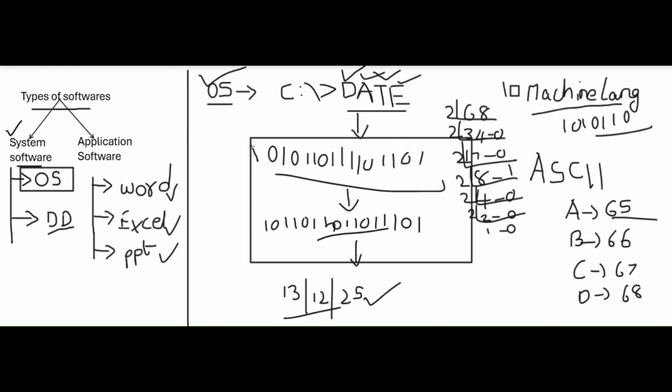It is a software that acts as an interface between the human and the computer. You're just typing the command, and you don't know what is happening inside. The operating system converts everything into machine level language, and again converts machine level language into human readable language.